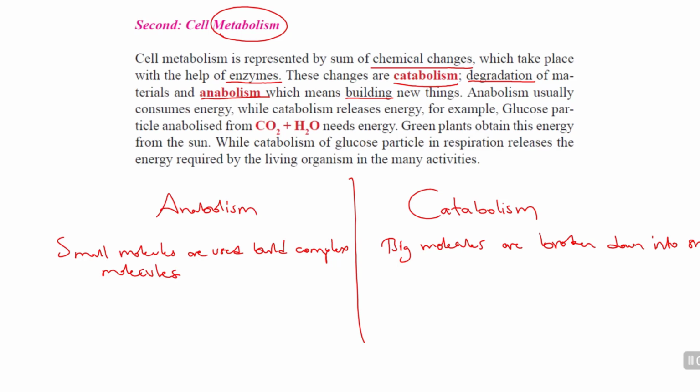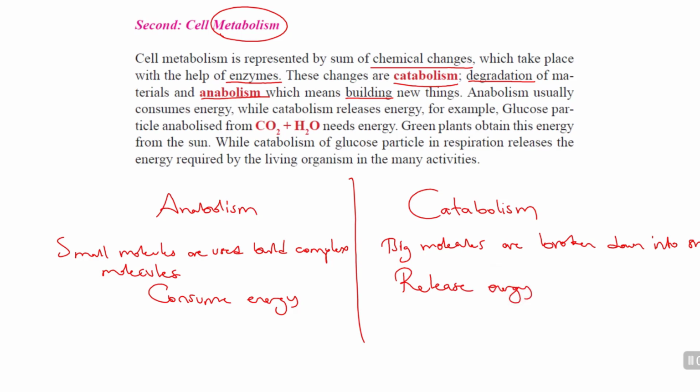Anabolism consumes or uses energy. Like ribosomes need energy to build or produce proteins. Smooth endoplasmic reticulum needs energy to build fats or complex carbohydrates. Or, as we all know, chloroplasts need sunlight energy to produce glucose, organic material. All anabolic reactions consume energy, while catabolic reactions release energy.